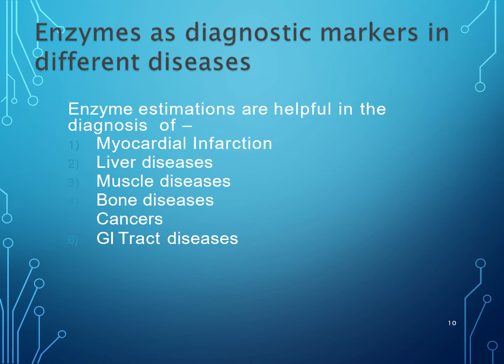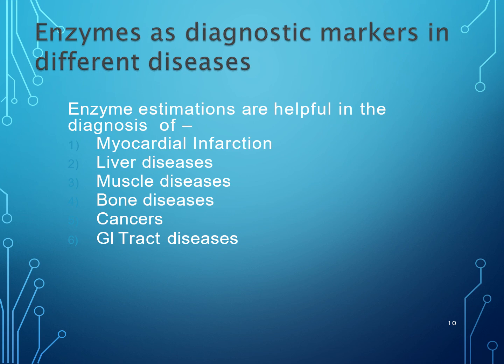Enzymes can be used as diagnostic markers to detect various diseases. Several enzymes are helpful in diagnosing several kinds of diseases. These are some of the diseases which can be identified by measuring enzyme activity. The first is myocardial infarction, and the next is liver disease, which can be assessed by measuring many enzyme activities like alkaline phosphatase and acid phosphatase.